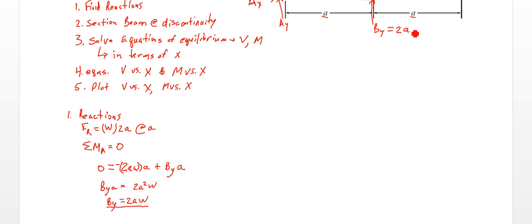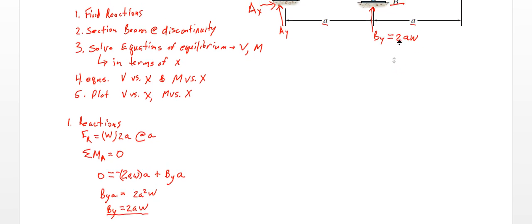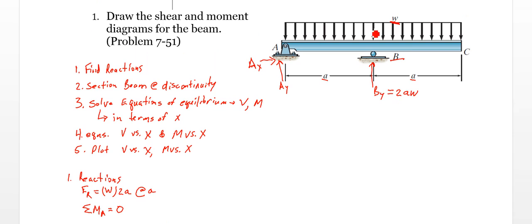It's 2AW. I'm just going to put that up on our diagram here. So we know we have this resultant force acting down, 2AW, and our reaction force at B acting up is 2AW.